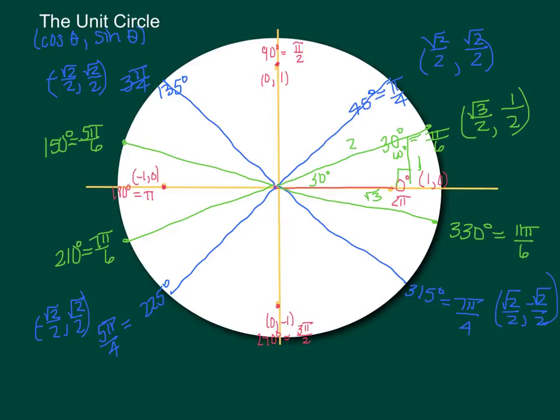And that's how you remember it. And then if you go in this quadrant, the only thing that changes is my x is negative. And in the third quadrant, both are negative. And in my fourth quadrant, only the y coordinate is negative.